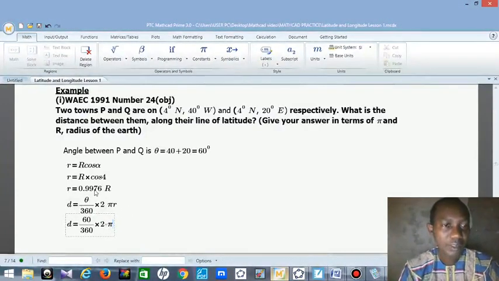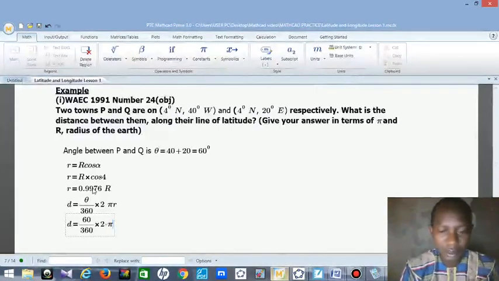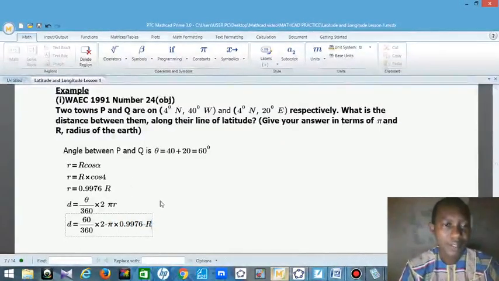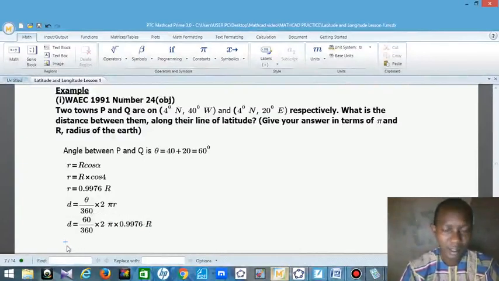Then r, we found this value, which is 0.9976 capital R. The final answer now, we can do it directly. Let me just do it directly here.